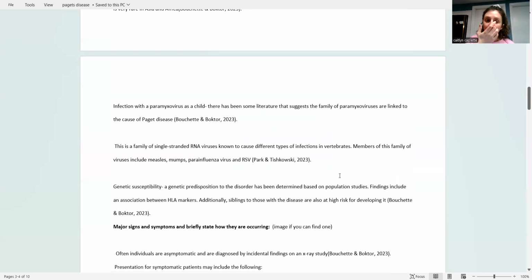Another risk is infection with a paramyxovirus as a child. There has been some literature that suggests that this family of viruses is linked to the cause of Paget's disease. This family of viruses is a family of single-stranded RNA viruses. They're known to cause different types of infections in vertebrates. Some members of this family include measles, mumps, parainfluenza, and RSV.